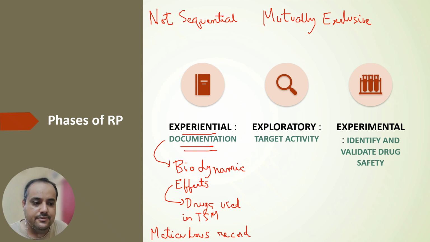The second phase is the exploratory phase. So what are we doing in the exploratory phase? We are looking for the target activity. Target activity of what? Target activity of the drugs that we have taken from the traditional systems. So we are going to look for the tolerability of the drug. We are going to look into the drug interactions.